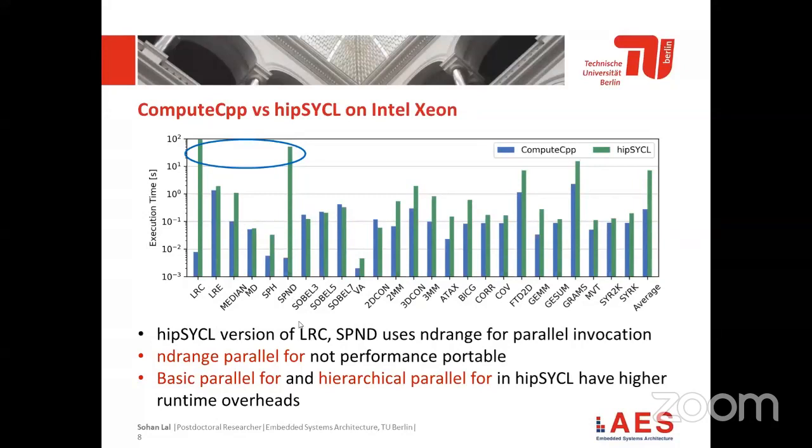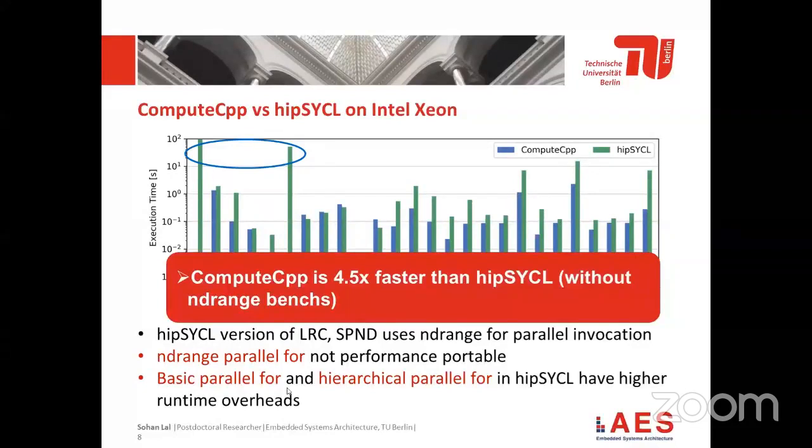Moreover, the basic parallel for and the hierarchical parallel for in HipSQL have higher runtime overheads for CPU, which we will see later. Compute CPP on average is 4.5 times faster than HipSQL.